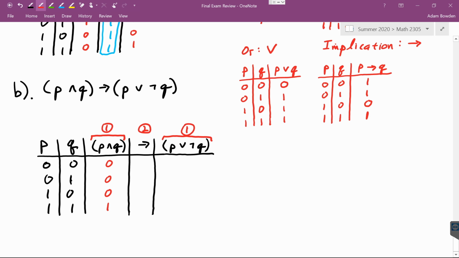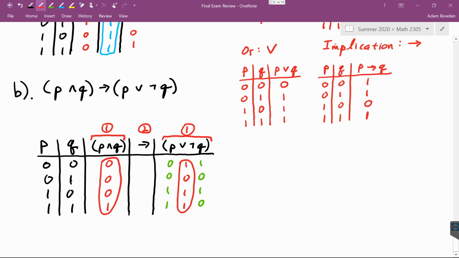And over here, let's go ahead and write down the value of P, 0, 0, 1, 1, and the values of not Q, which would go 1, 0, 1, 0. And under the operation of OR, this would go 1, 0, 1, 1. All right, now we can compare these values with these values under implication.